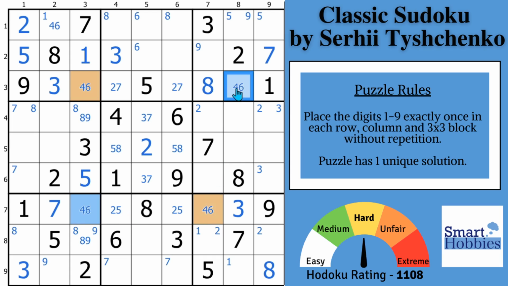Since if this is a 4, that would have to be a 6, and you can figure it out, mark it yourself. If this is a 6, that has to be a 4. We don't know which ones they are, but we do know that these are opposites. One's a 4, one's a 6, so any cell that sees both, you can eliminate both of them, the 4 and the 6. So using some simple coloring here, we're doing what's called a remote pair.